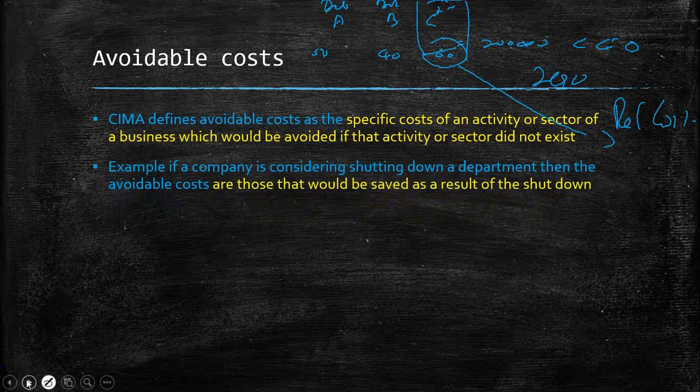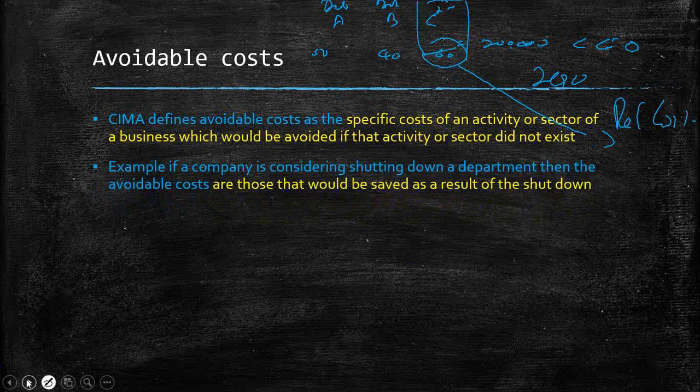So that is what we call avoidable cost. When shutting down a department, it is what can be saved as a result of the shutdown. The finance manager's salary can be saved. If you have an Indian office, that rent can be saved because you will not need that Indian office. But the head office rent you can't save, because your head office is in Dubai.